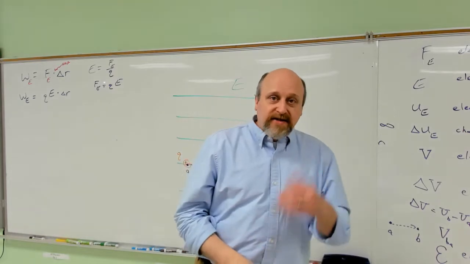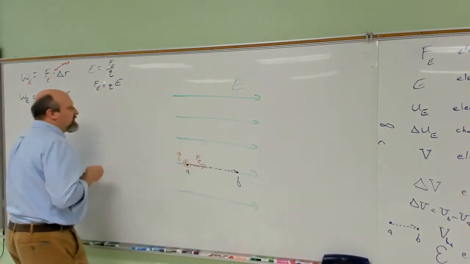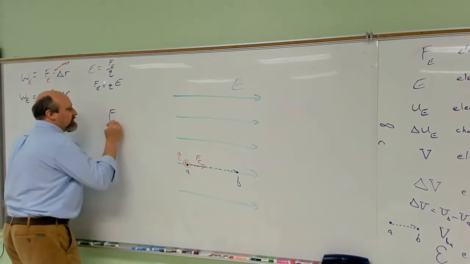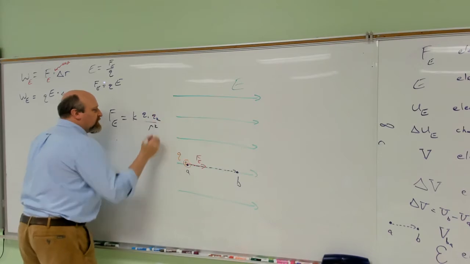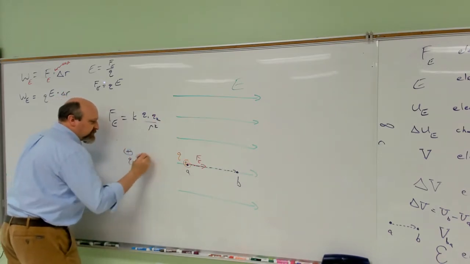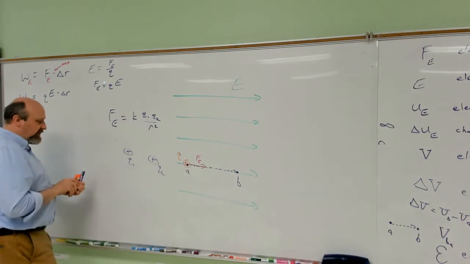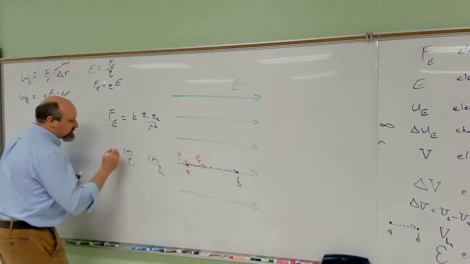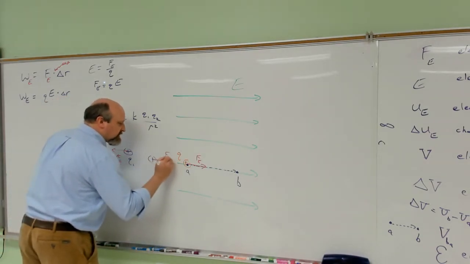So last unit, when we did Coulomb's law and talked about the force between charges, you may remember kQ1Q2 over r squared. When we have two charges, these two positives would repel each other. I'll have an electric force going this way here, and an electric force going this way here.